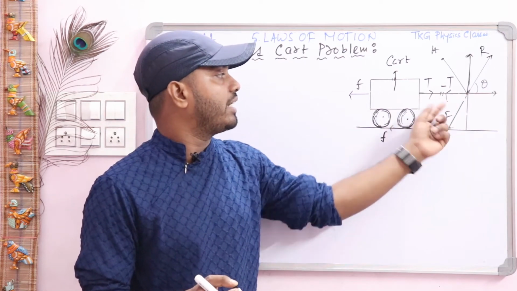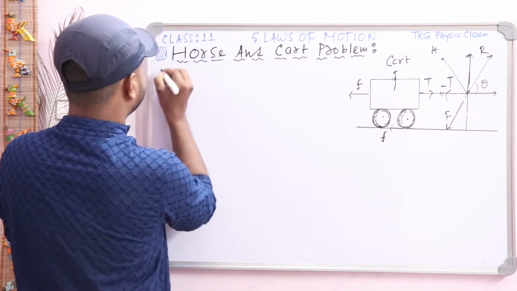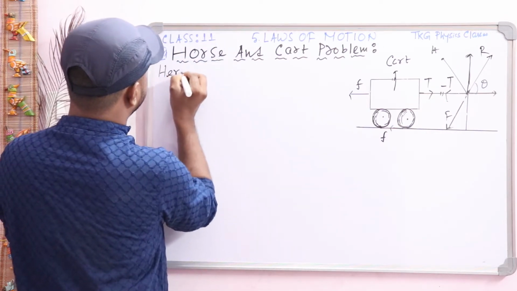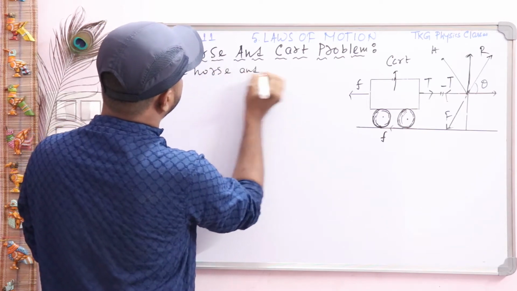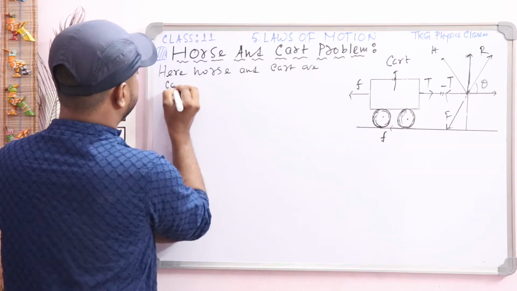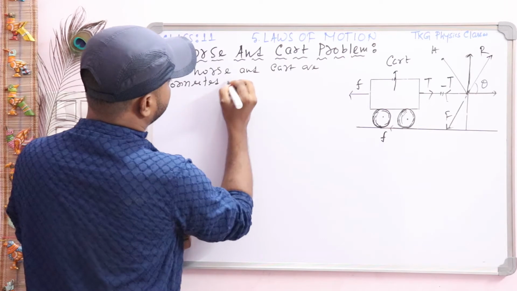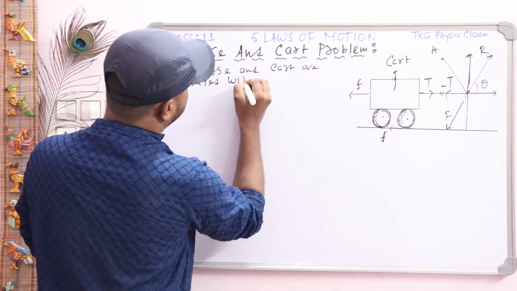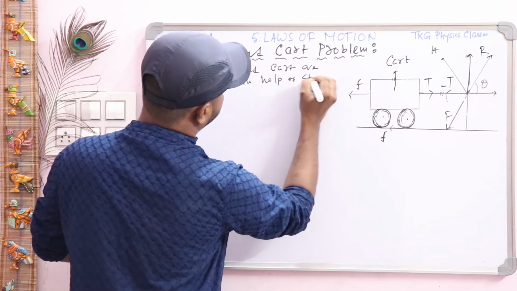Write it first. So here, horse and cart are connected with the help of a string.